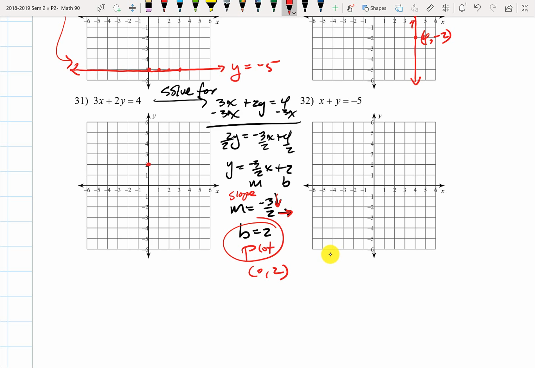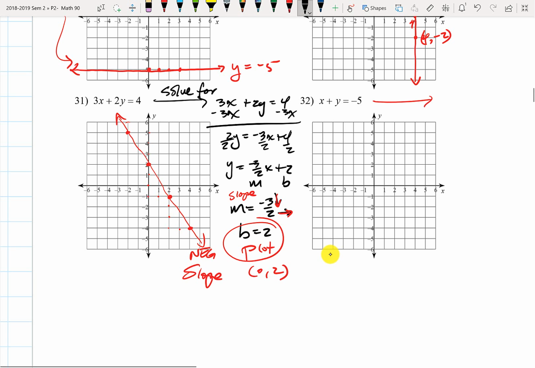So you go down 3, 1, 2, 3, right 2. Reverse it. Up 3, left 2. And then you draw your line. And as I said earlier, any number that has a negative slope always goes to the lower right. All right, this is negative slope. The other way is positive.